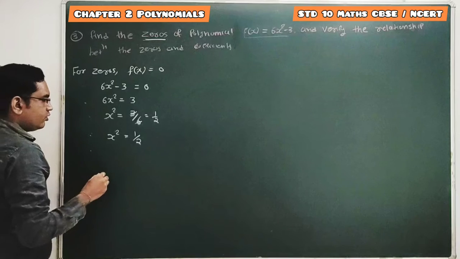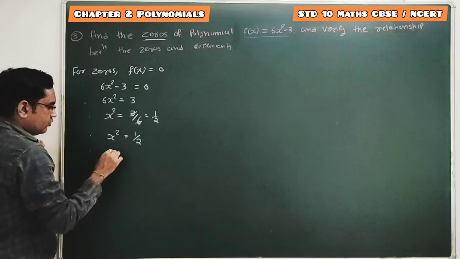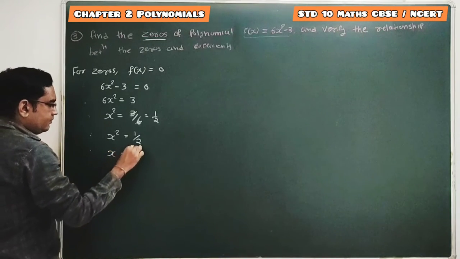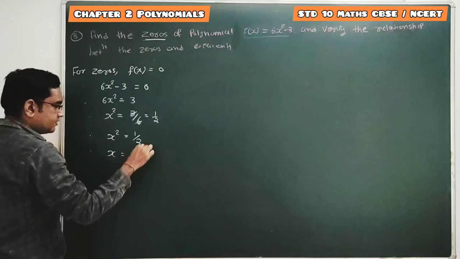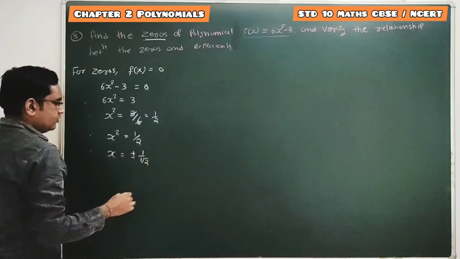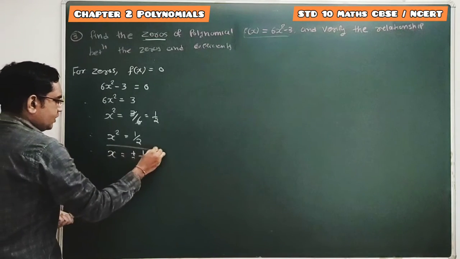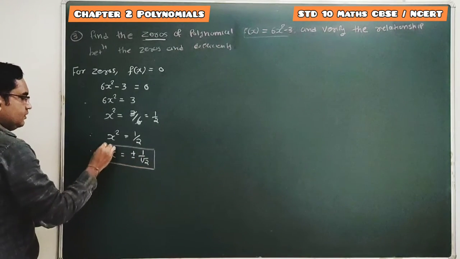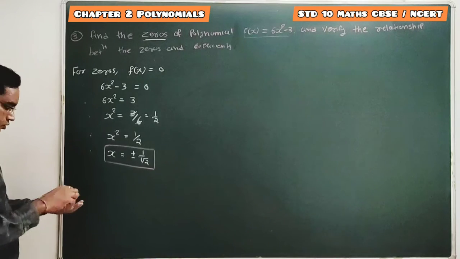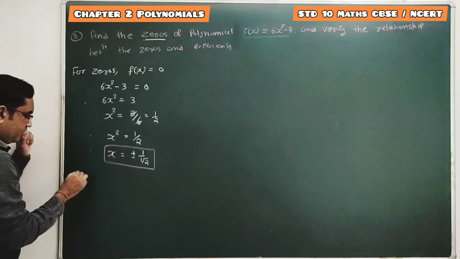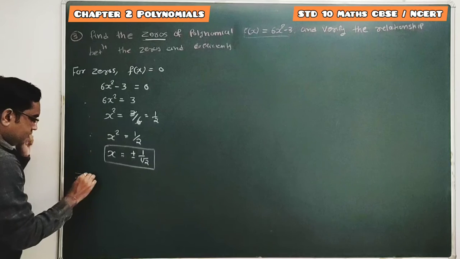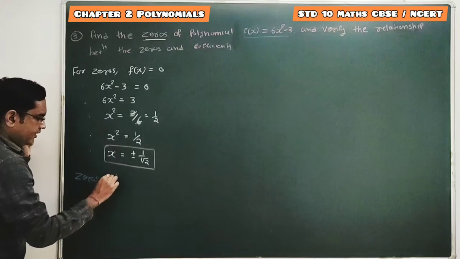So taking square root on both sides, x will be plus or minus 1 upon root 2. So here the solution of this quadratic equation is plus or minus 1 upon root 2, and therefore our zeros are alpha and beta.